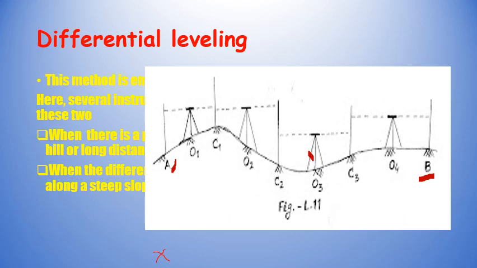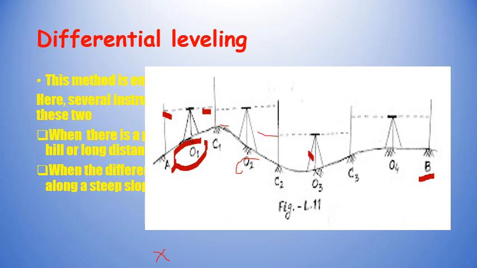So what we do is first put the staff at A and the instrument at position O1. We focus the staff at A, and that will be our backsight, and then we do our foresight at C1. Then we shift the instrument to O2, where we observe backsight and then foresight.